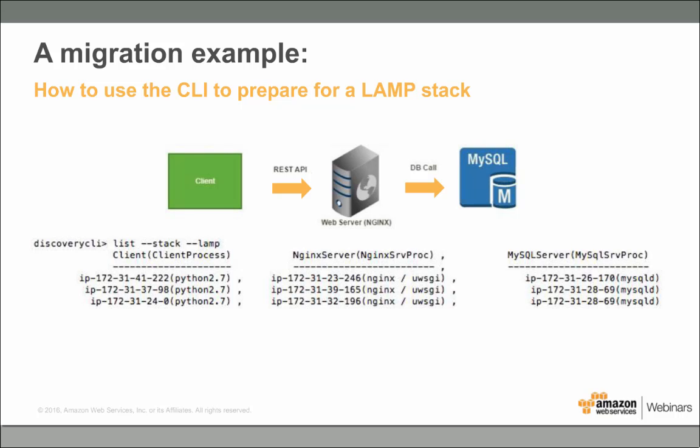Any server that we identified as running one of those services, we went ahead and listed as a part of the LAMP stack. Now remember, it's still not providing you any affinity. It's just listing out systems that matched the filter criteria.